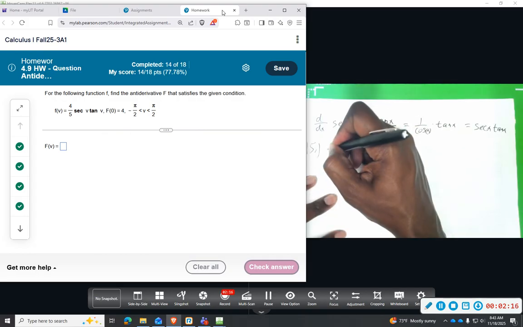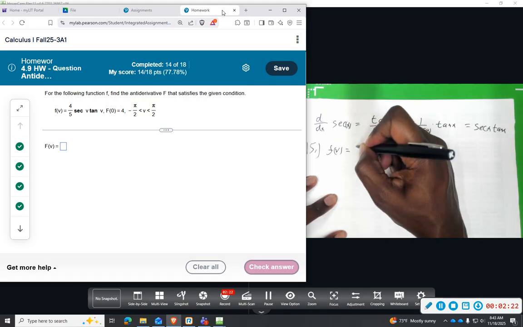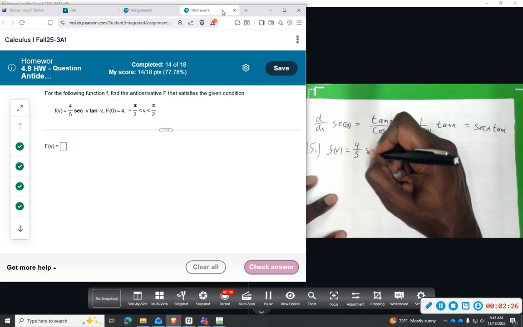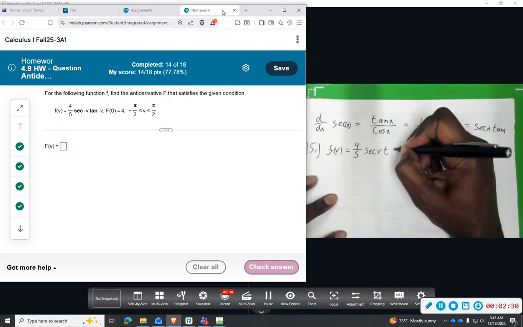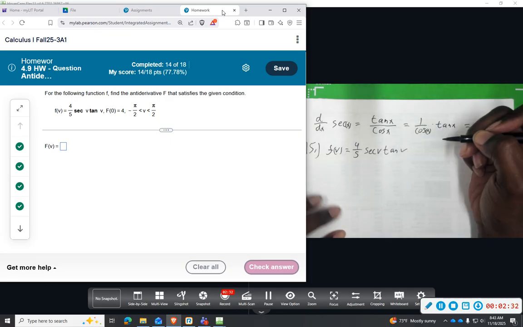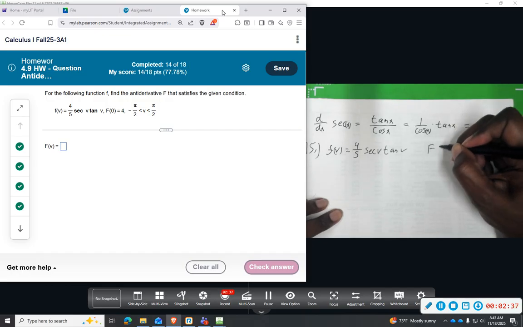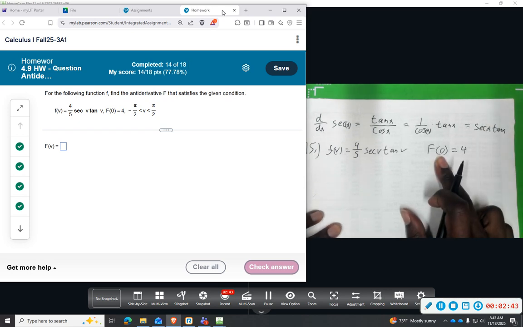We have f(v) equal to 4/5 secant v tan v, and we are looking for the integral, the antiderivative, and we're told that it is equal to 4 when you substitute a 0.